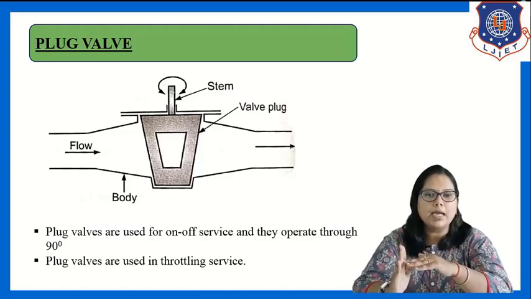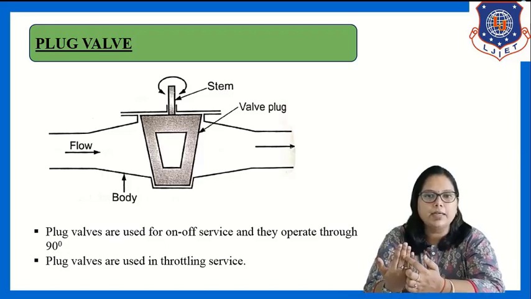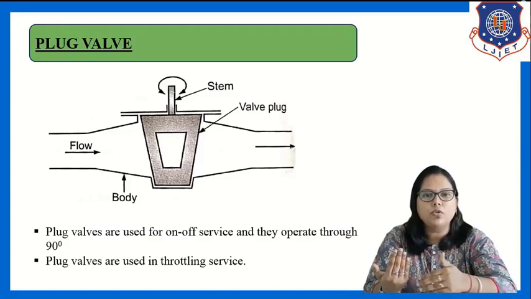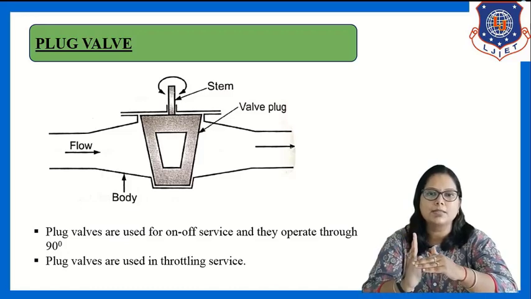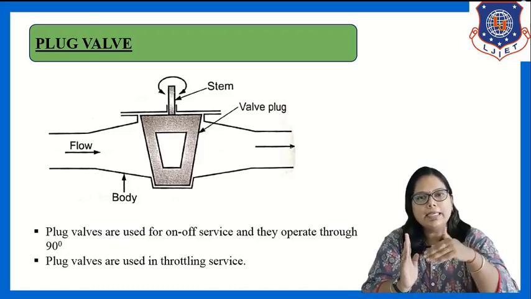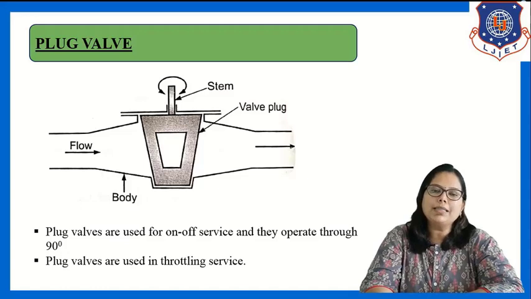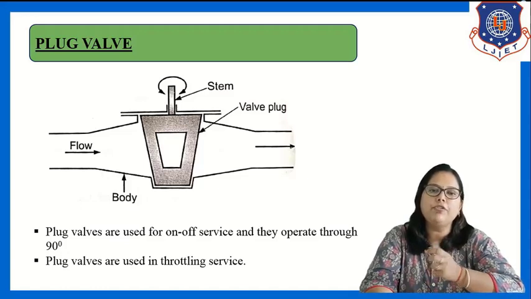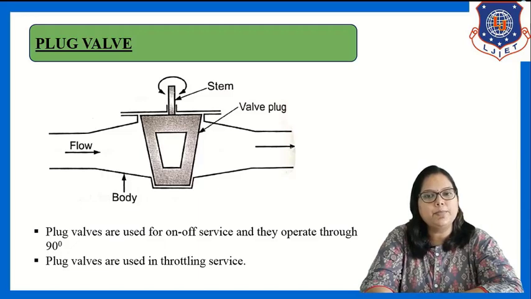You can imagine the hollow portion you can see in this figure. Now when the flow is there, the position of the valve plug is like this, so fluid can easily flow through that hollow part. In this way the plug valve is used only for on-off control. It is not used for controlling the flow rate, and it is operated through a 90 degree position.